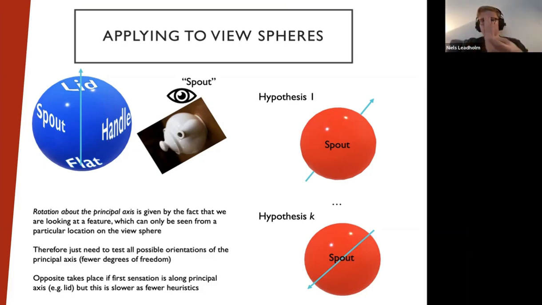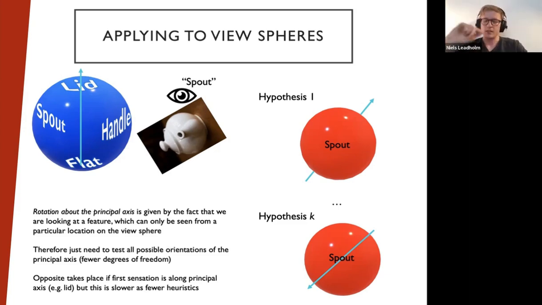You know where you are with respect to the principal axis. If on your first sensation you experience the lid, then you need to test all the hypotheses about the orientation about the principal axis. But you know the orientation of the principal axis because it's pointing at you, if that makes sense.